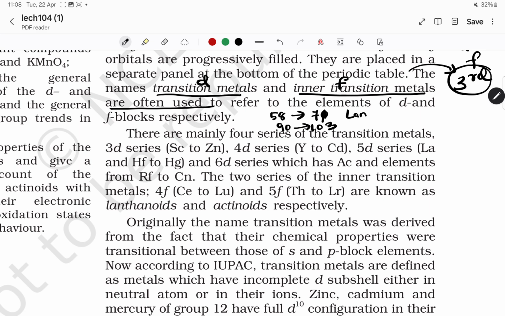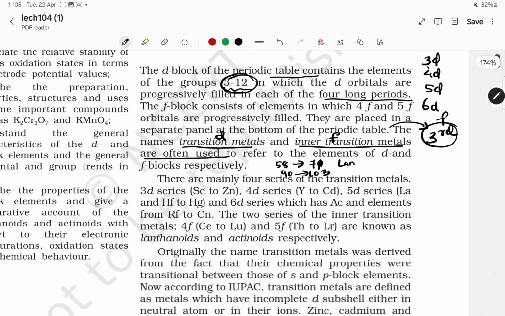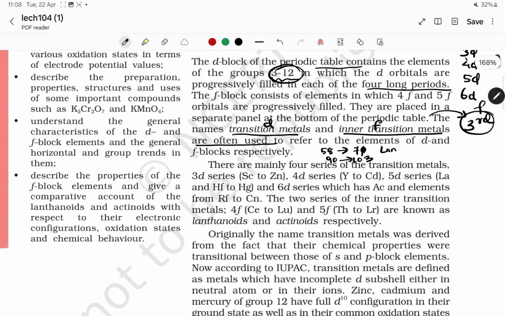Okay, so 58 to 71 and 90 to 103, these are the atomic numbers of F orbital elements, lanthanoids and actinoids.